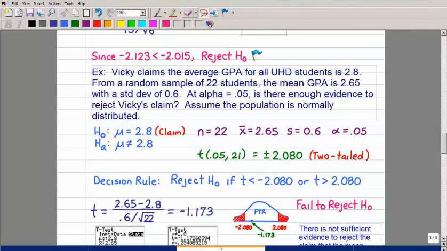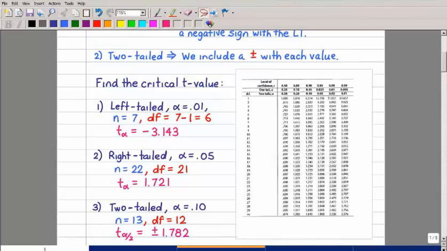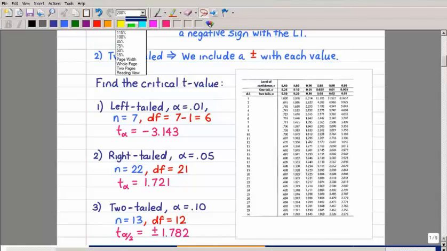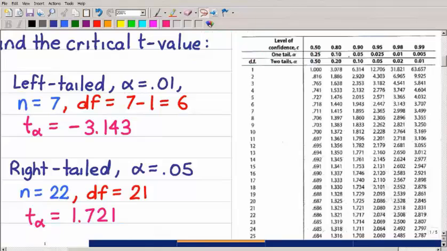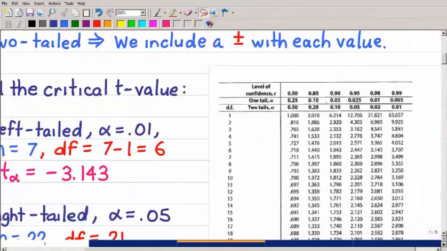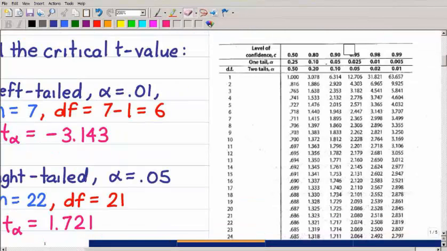So we have 0.05 two-tailed with 21 degrees of freedom. Column 4, two-tailed 0.05. Be careful that we're on the correct row here. 21 degrees of freedom, right below the box, is 2.080.